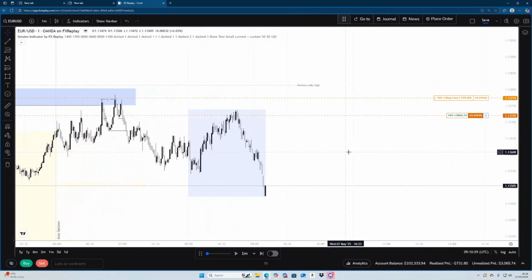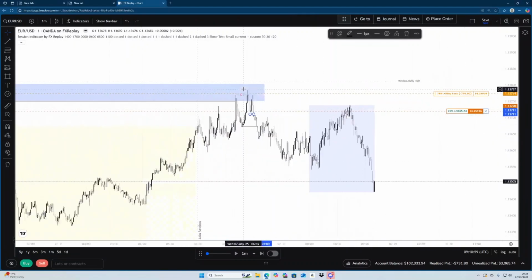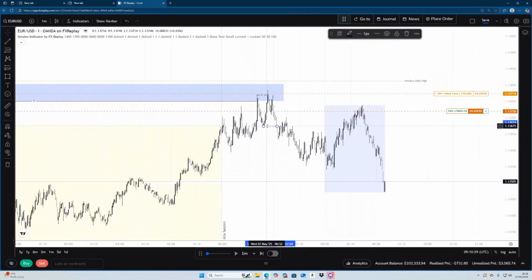Can you use the path tool? Yeah, one second. Yeah, this, that's it, perfect. So there's the two leg, and it's still unmitigated. See, when it's broken, it's not fully tapped in. It's tapped into just this imbalance.